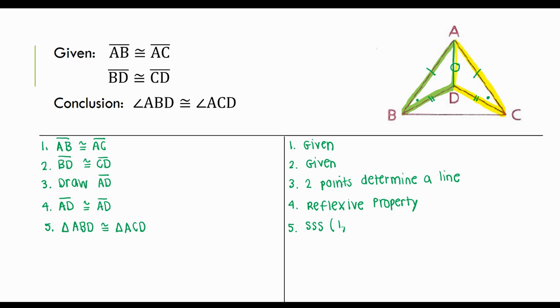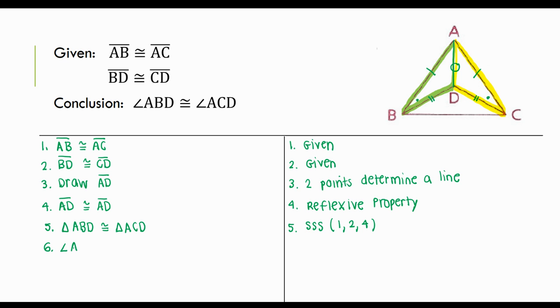Notice step number 1 is where my first congruent side is, step number 2, and then step number 4. But proving congruent triangles was not my final conclusion. I want to prove that angles are congruent. Well, remember, because those angles are now inside congruent triangles, once I have congruent triangles, any other pieces of those triangles are congruent.